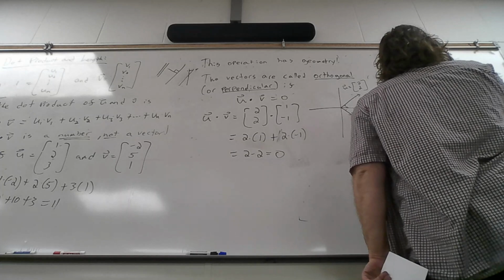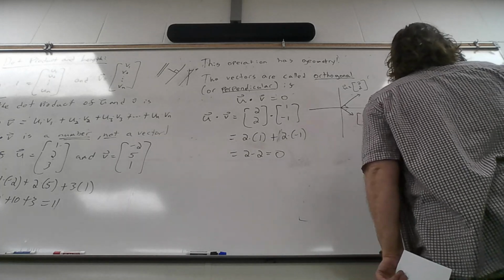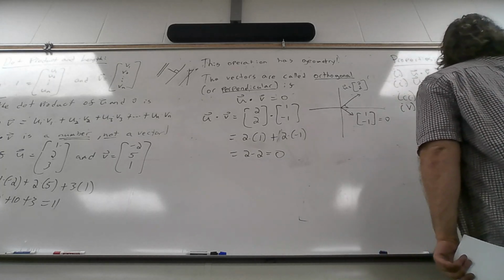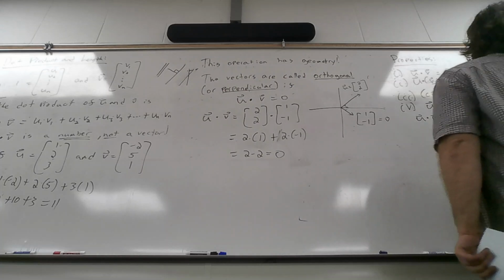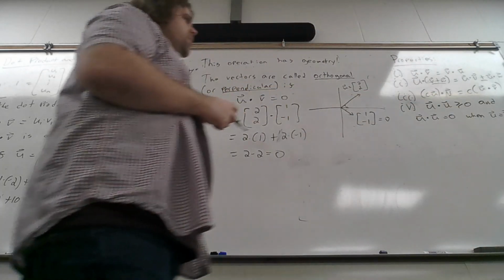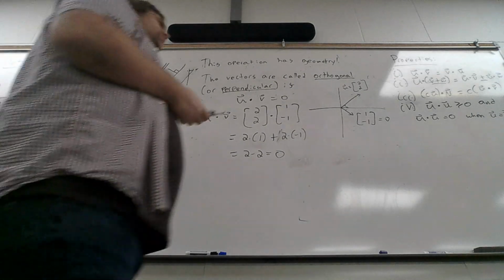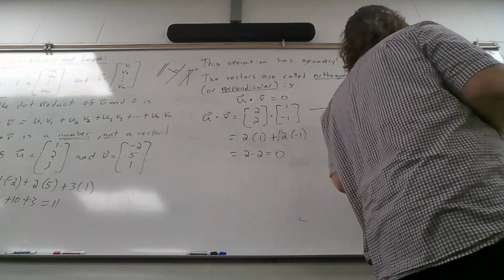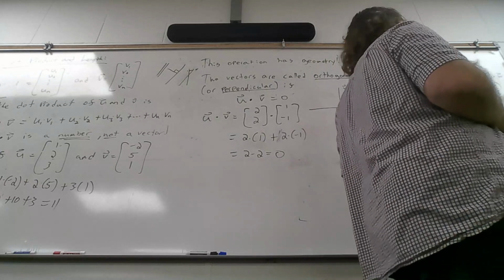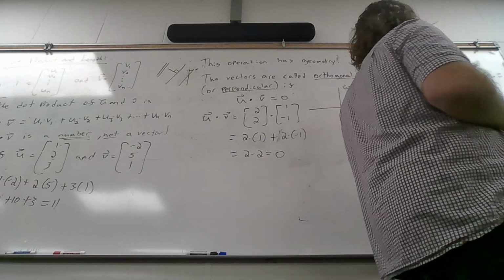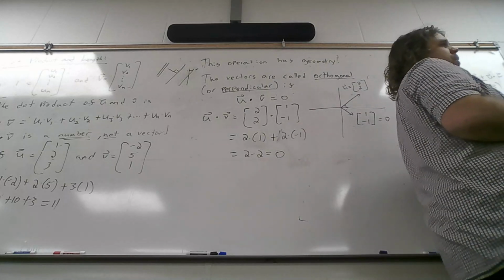But this thing is only 0 when u is 0. It is the 0 vector. So that's kind of useful for, let's say you're writing an algorithm and you're like, well, I want to omit situations where this vector is 0.